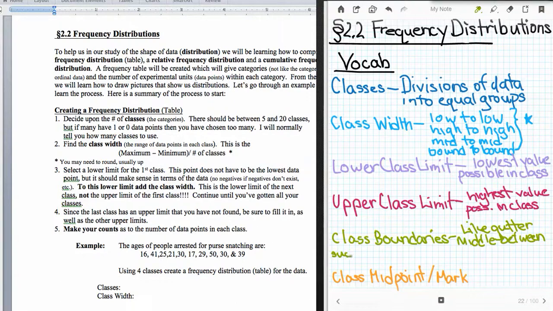And I'm going to use the word successive, meaning one to the next, right? So from one successive upper limit to the next lower limit.